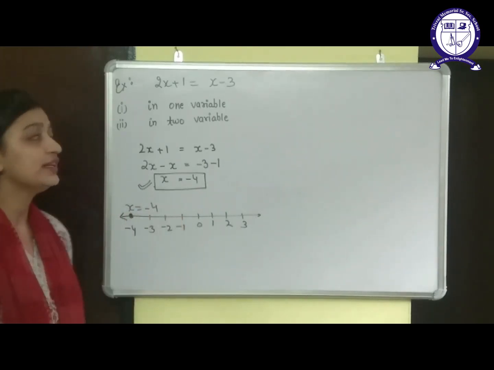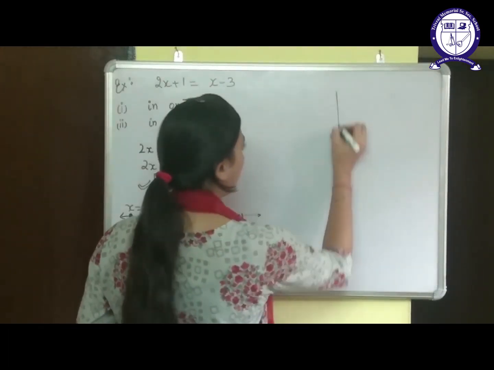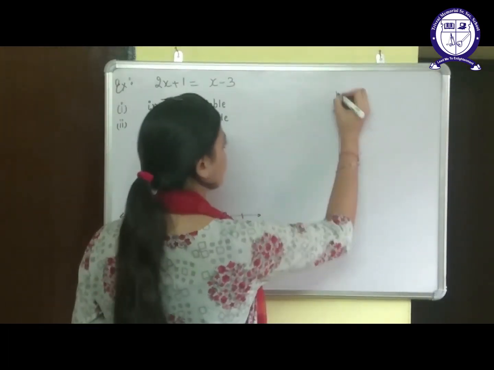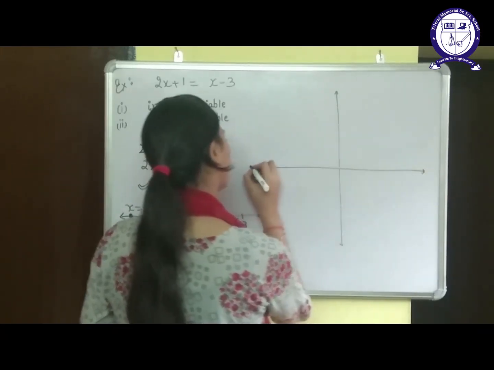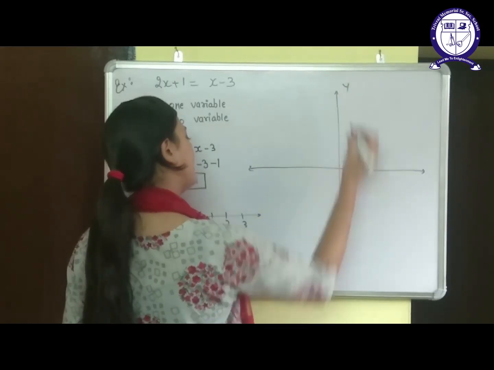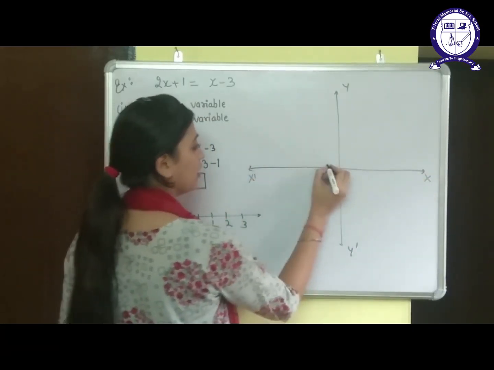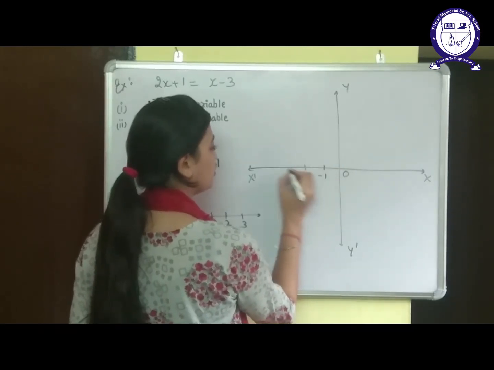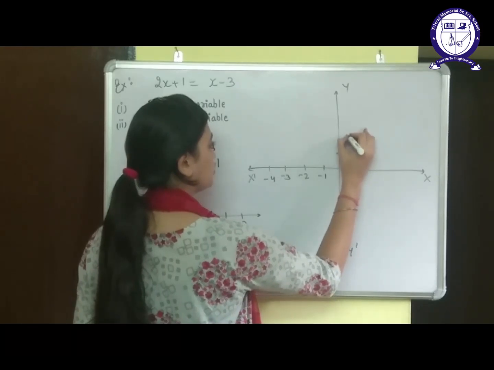And in the coordinate system, that is in two variables, I will have a graph like this. O, y, y dash, x, x dash, minus 1, minus 2, minus 3, minus 4, 1, 2.